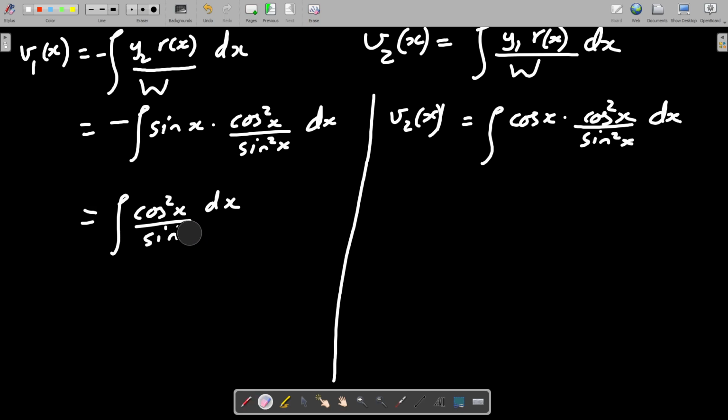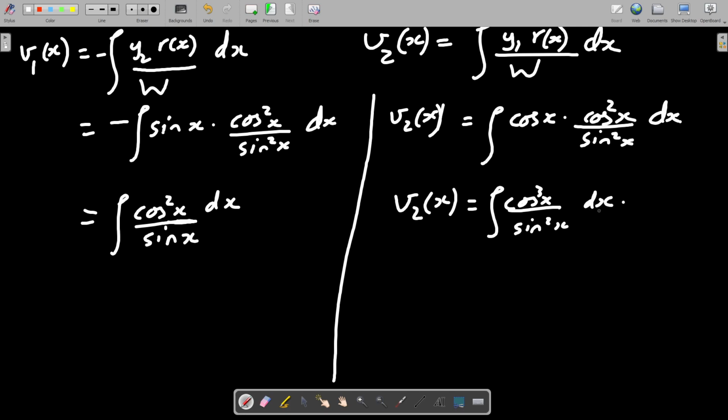There's only sine over here in the denominator, not sine square. This is going to become... this is now a difficult thing to integrate.